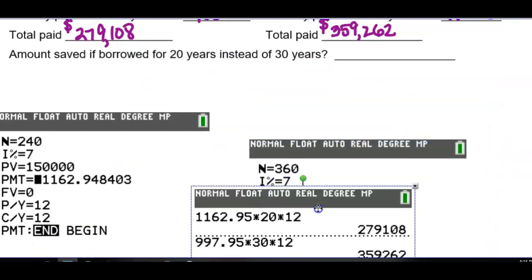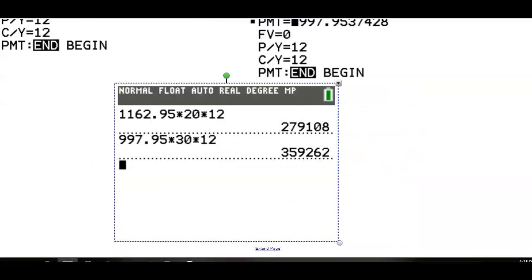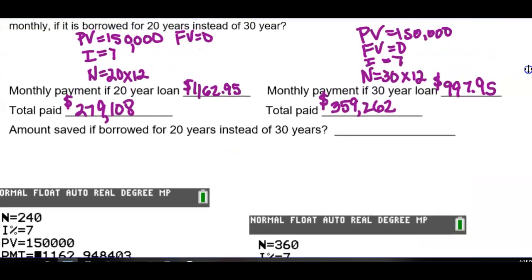Let's see if I can put this down at the bottom. All right, so it says, how much did you save if you didn't stretch the loan out for that extra 10 years?